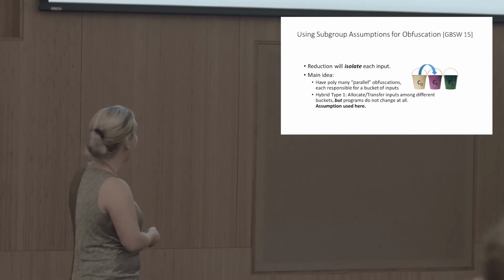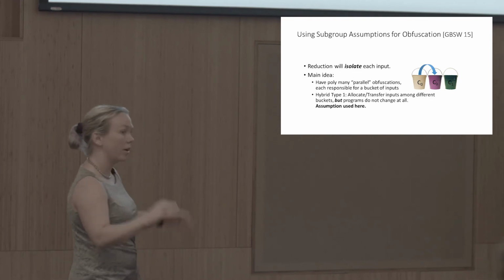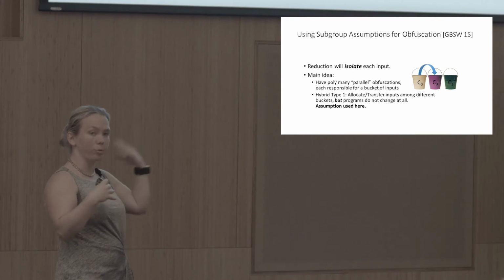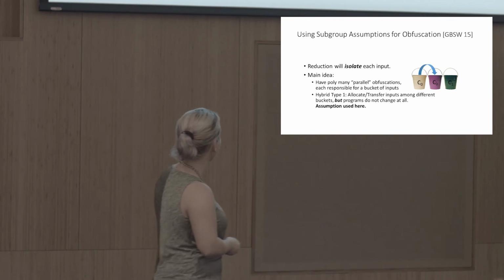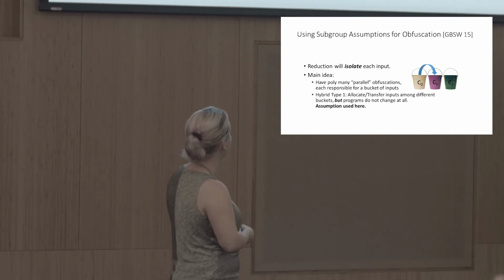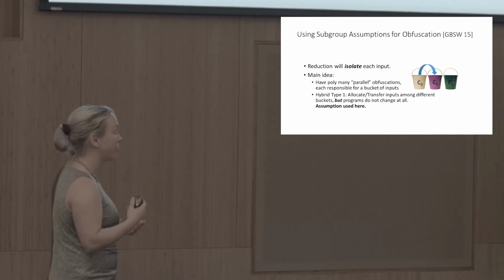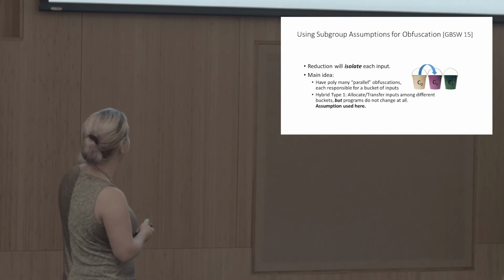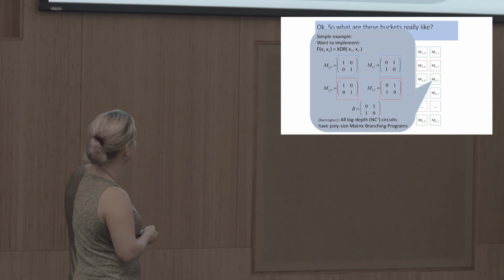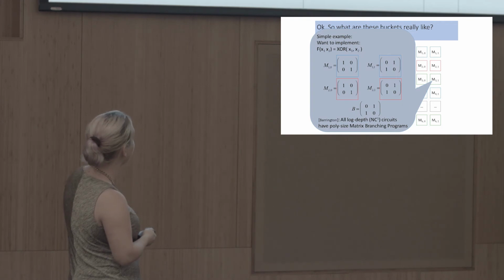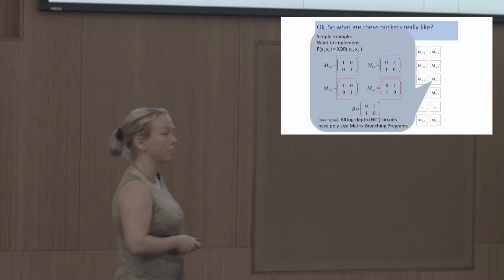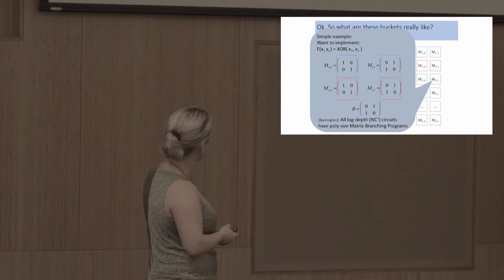These subgroup decision assumptions have very much that same kind of structure, where you have parallel tracks of computation happening in different subgroups, and it can be used to isolate different inputs as occurring in different programs. I don't have time to go through the details, but the structure of these things for obfuscation can also line up with these subgroup decision assumptions if we had them in multilinear groups. So I'll stop there.